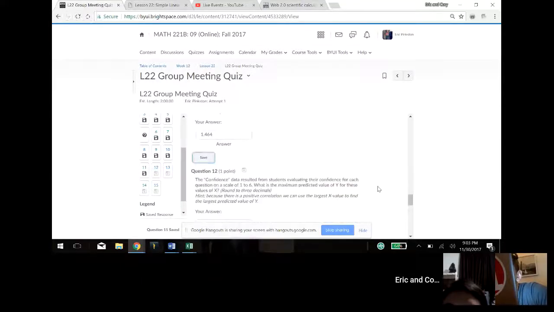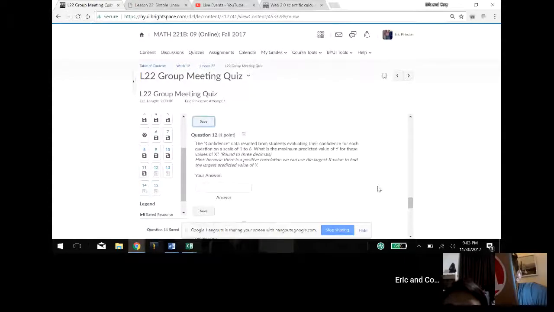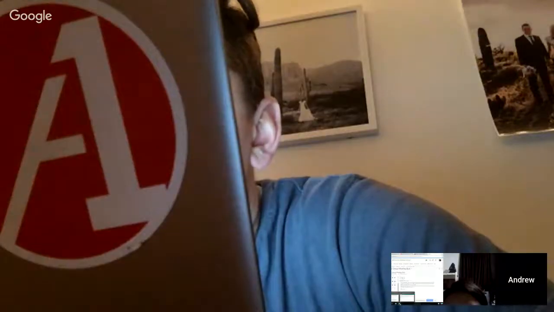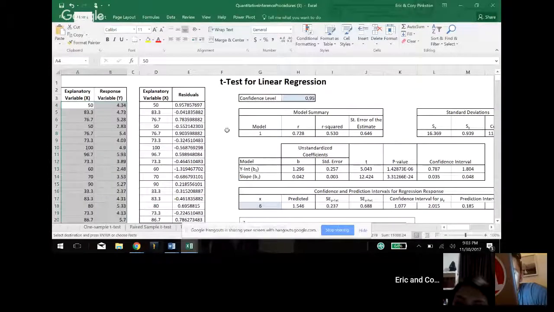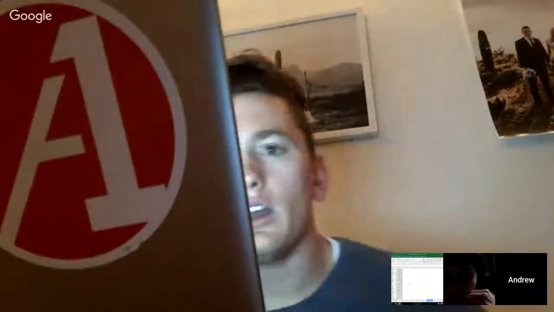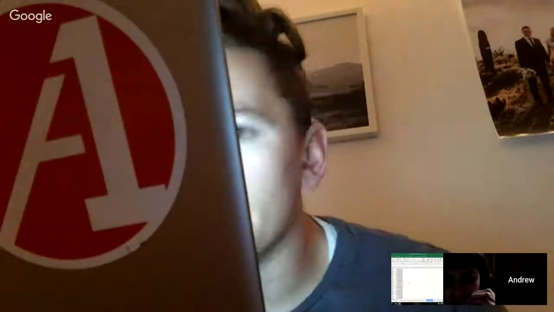Oh, we're still using the data file. Are we using the math one? Yeah, because all of the confidence scores are between 1 and 6. That's what it's saying. So the explanatory variable.